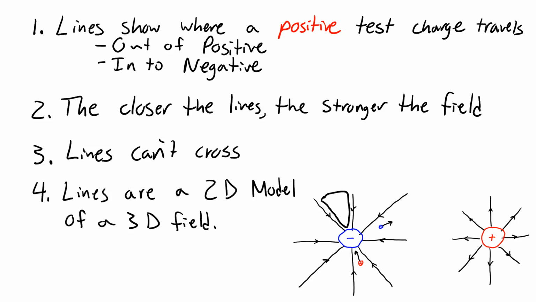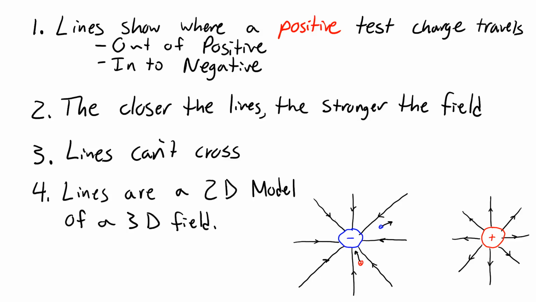It's a way to represent a three-dimensional field, though there are limitations to this two-dimensional model. Obviously, if you could take a picture of it, that would be better, but you can't really take a picture of it. You have to visualize in your mind what it looks like, and the lines are drawn according to these rules to help you visualize what the field looks like.